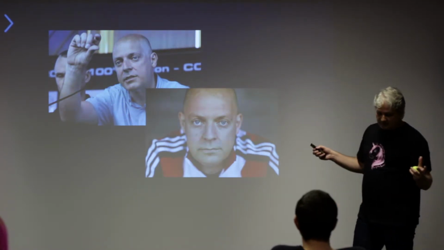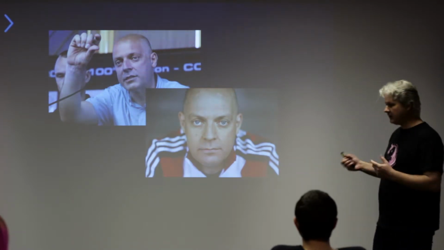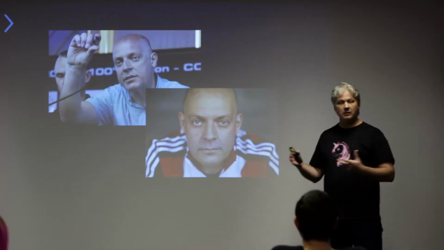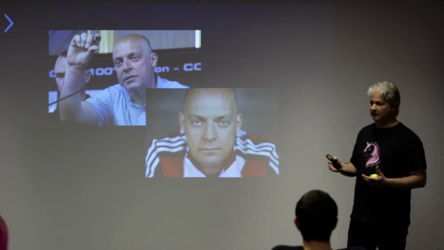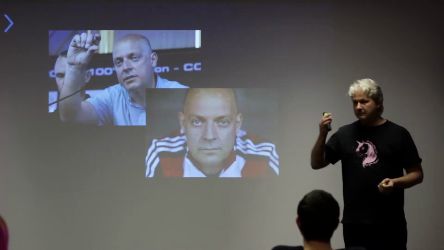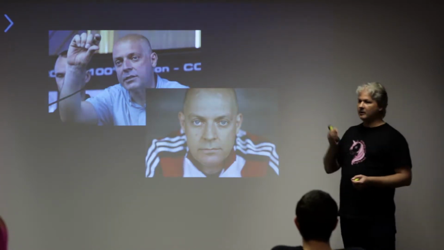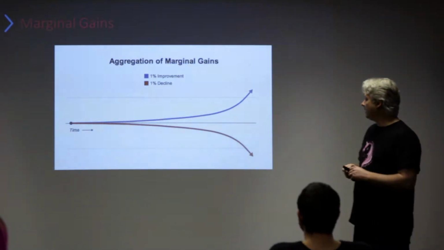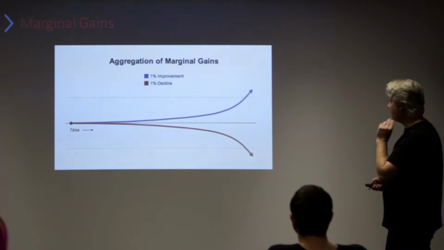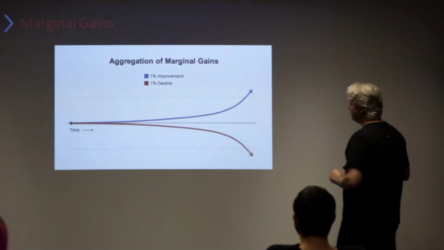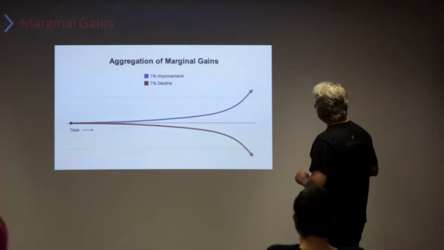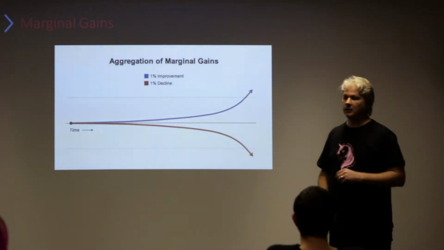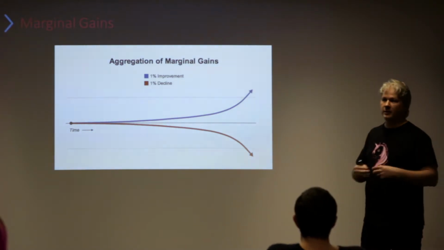What is it that makes this gentleman quite unique? Well, for a start, he understands cycling. And the other interesting thing is that he has an MBA in which he learned about Kaizen, around making things incrementally better, cutting out the waste. And he comes up with this concept of the aggregation of marginal gains. What this means is that over time, if we make small 1% improvements, we will start to see an exponential increase in improvement of whatever it is that we're doing.